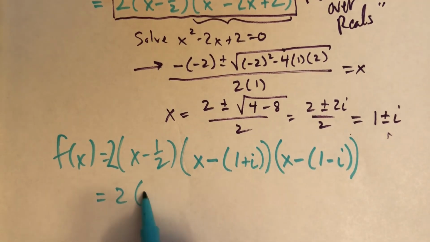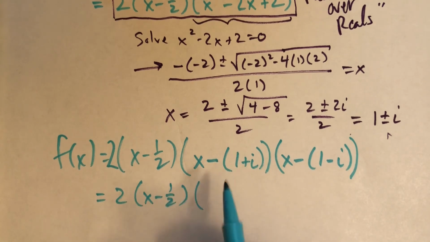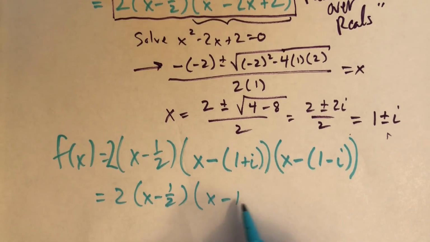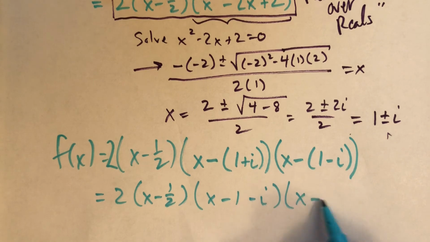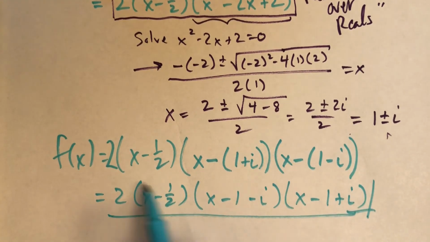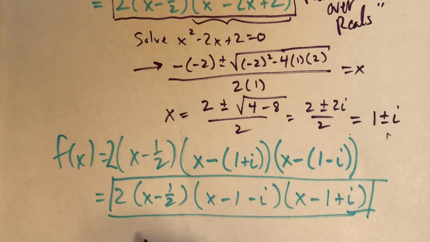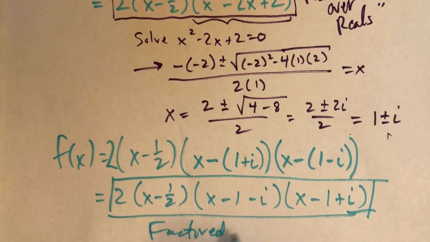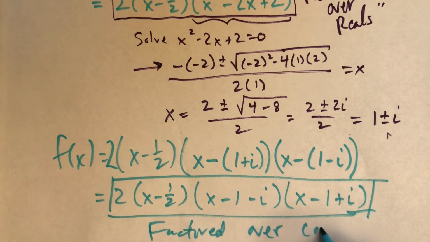So anyway, just to write exactly what I'm saying, we can distribute that if we want to. x minus 1 minus i, and then x minus 1 plus i. So either way, I think the computer's going to accept either one of these. So this is factored over complex numbers.